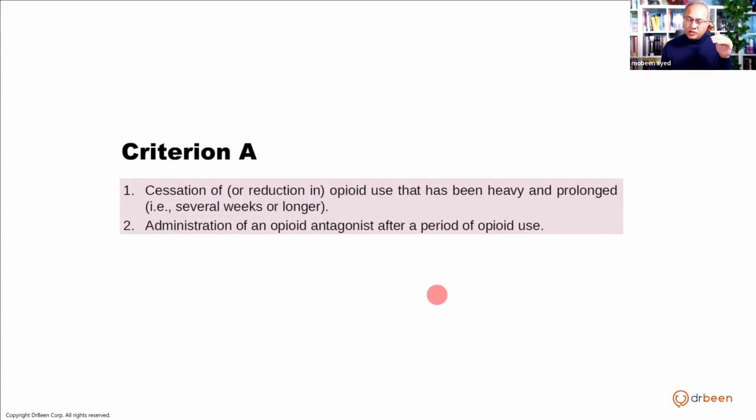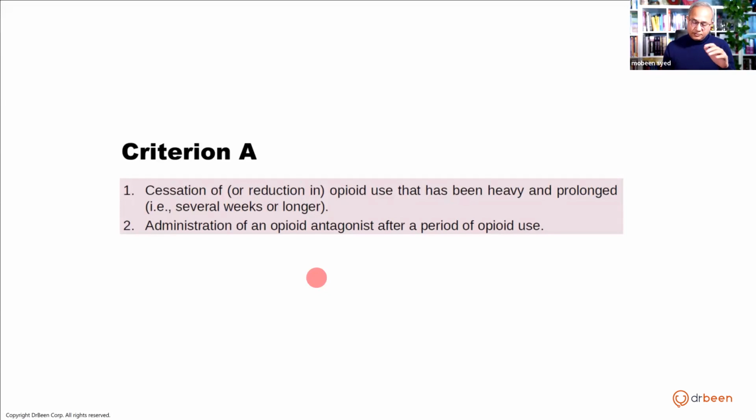First of all, opioid withdrawal diagnostic criteria. Criterion number 1, or A, cessation or reduction in opioid use that has been heavy and prolonged, for example, several weeks or longer.